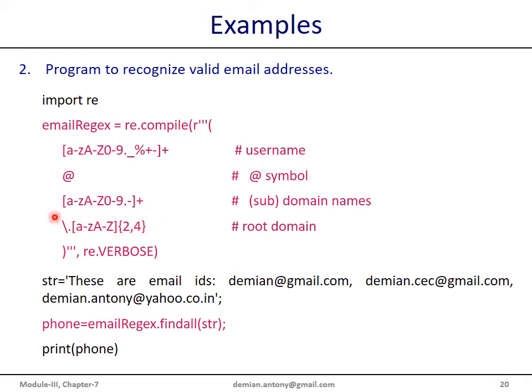This is the last segment, and here this character class is not just a plus, but a maximum of 2 to 4 characters, like in up to com, etc. And here also we mandatorily write the pattern, that is, a dot is essential here at the end. And with this pattern we can recognize email addresses like this.